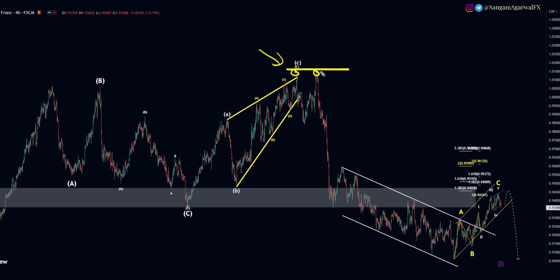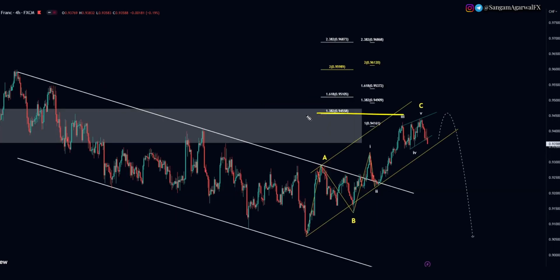It made a double top before dropping vertically. It is not testing the 38 projection for wave C, but the wave count here on this pair is clear.